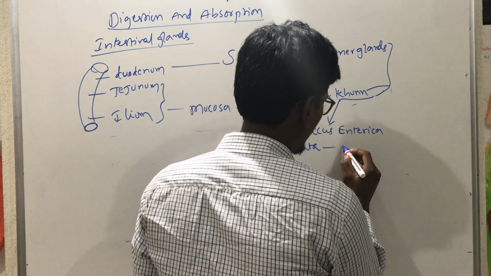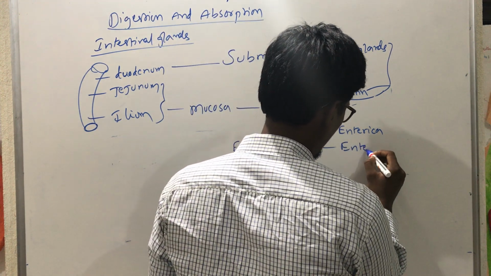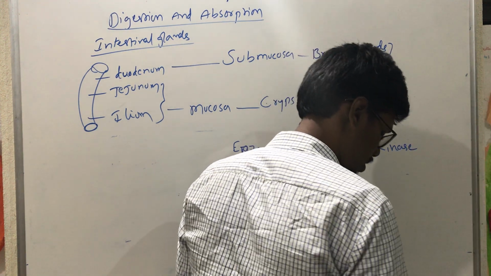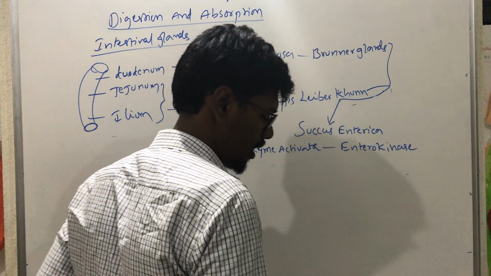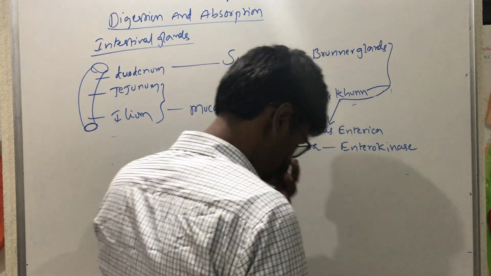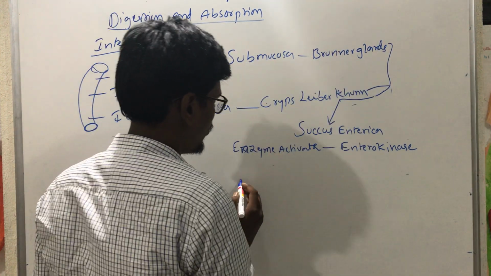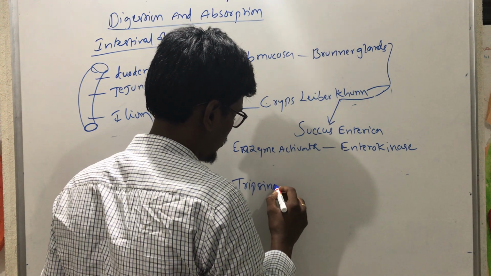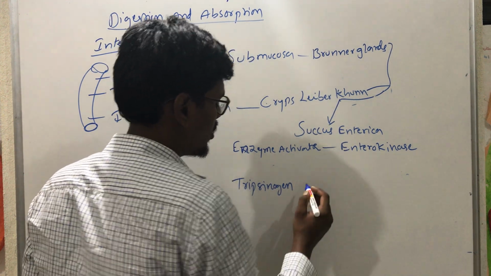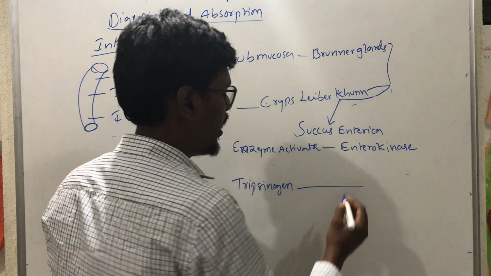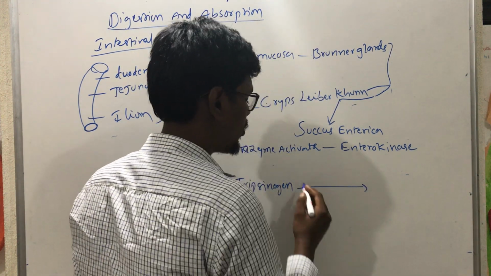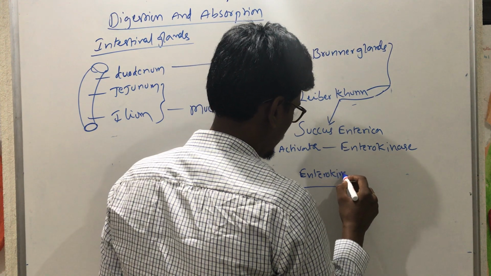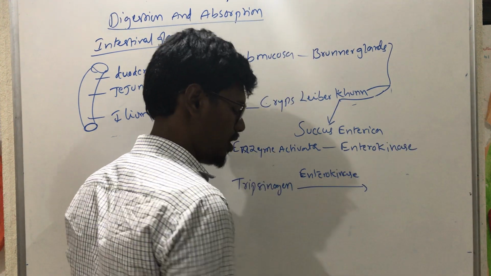It is called enterokinase. Enterokinase means, for example, trypsinogen is activated by enterokinase.